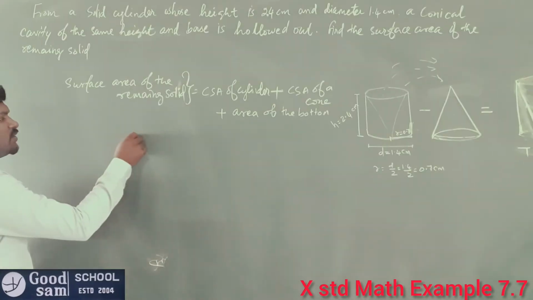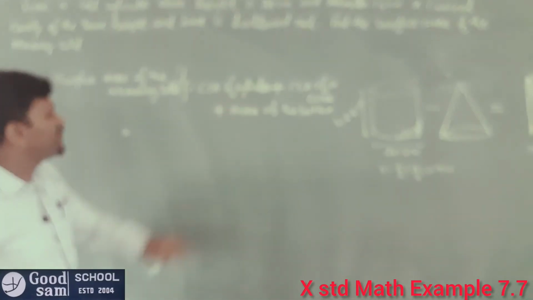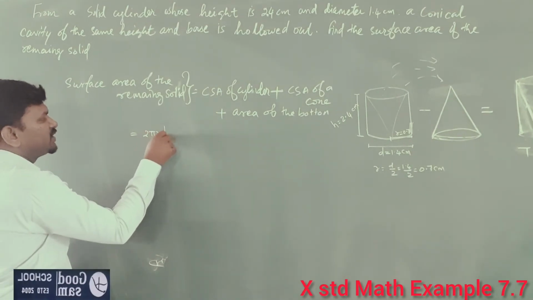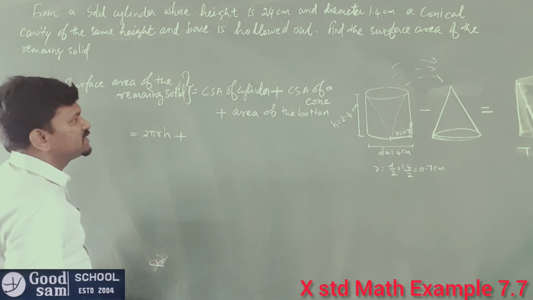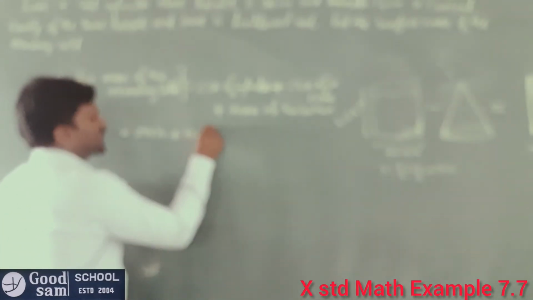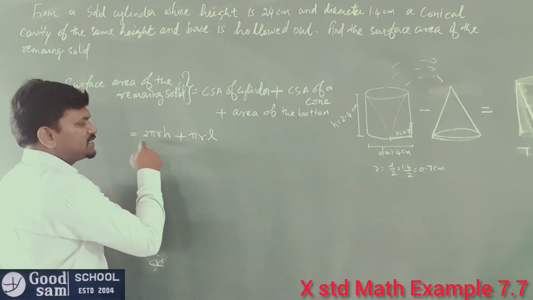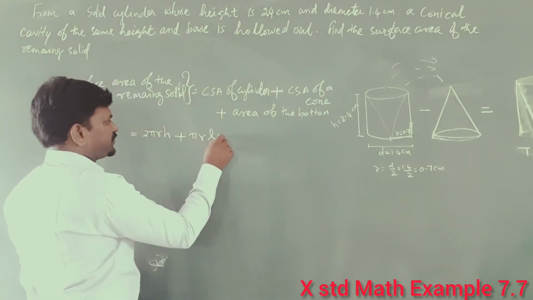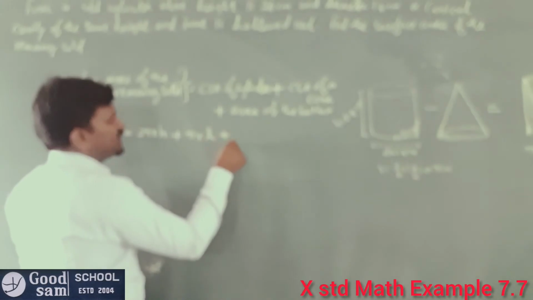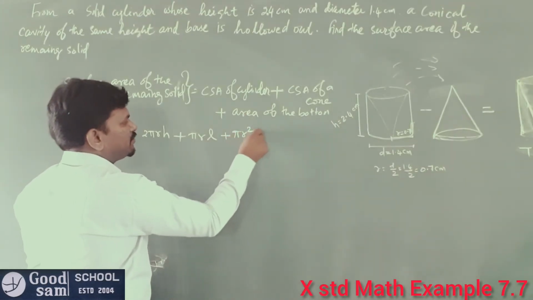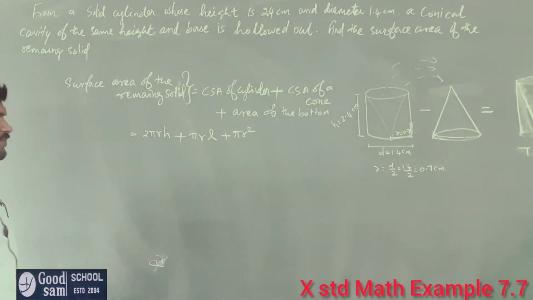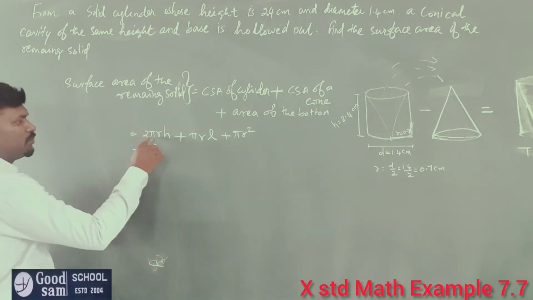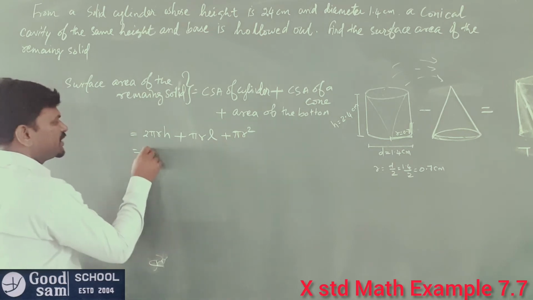Okay, now we will write the formula. CSA of a cylinder is 2πrh, plus CSA of a cone πrl, where h and r are common for all the shapes, plus the area of the bottom circle, πr squared. Here πr is the common term.